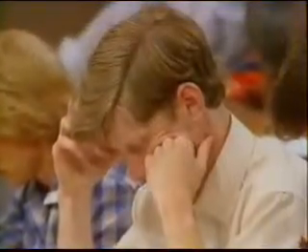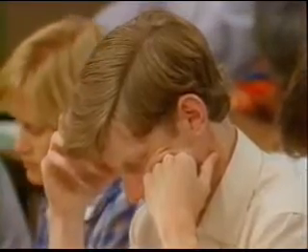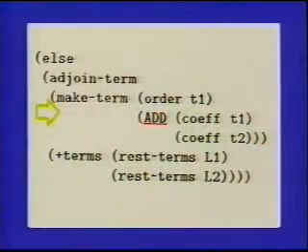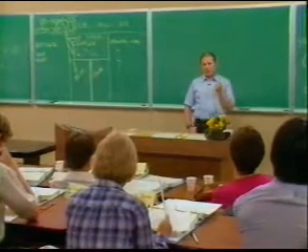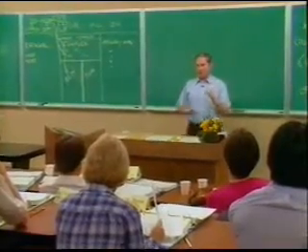This is a big recursive working down of terms, but really there's only one interesting symbol in this procedure. Only one interesting idea. And the interesting idea is this add. The reason that's interesting is because something completely wonderful just happened. We reduced adding polynomials not to plus, but to the generic add.